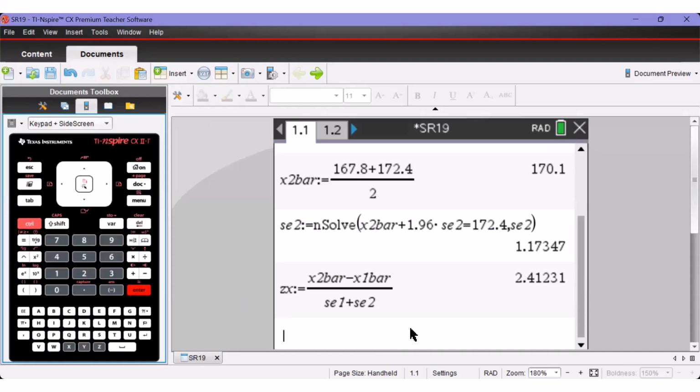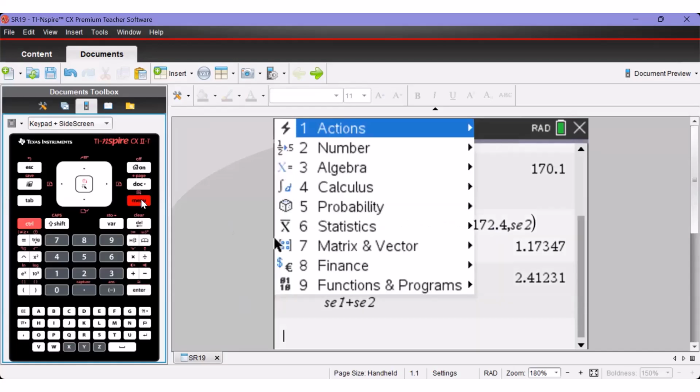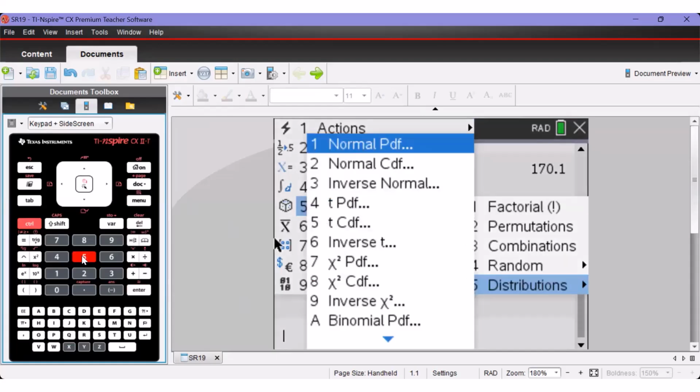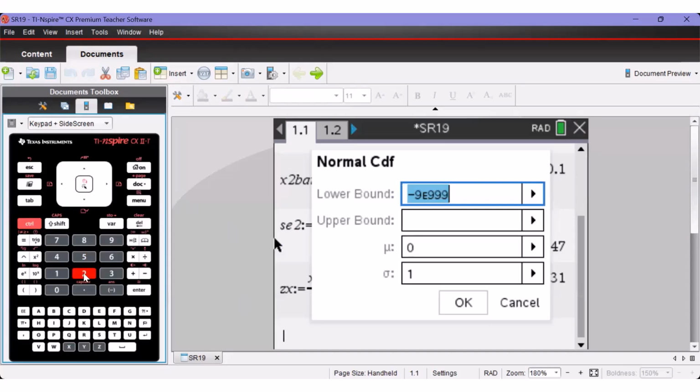So our final step in this rather detailed calculation is to press menu, then select probability by pressing 5, select distributions by pressing 5, and then select normal CDF by pressing 2. Now we get our normal CDF dialog box here.